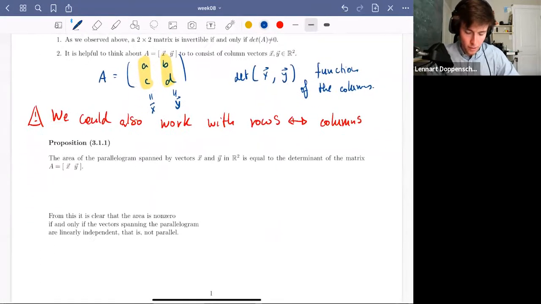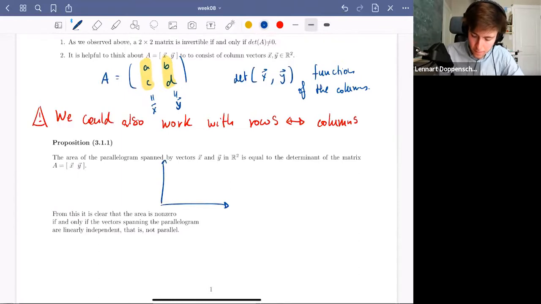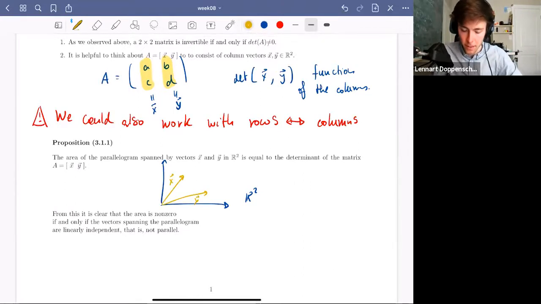Okay, so this proposition in the book, and this is already material from 223, so I'm not going to go too deep into this. But if you have two vectors in R2, then they span a parallelogram. So let me just draw R2. Then any two vectors, X and Y, which make up the columns of a determinant of a matrix, for example, they span a parallelogram.